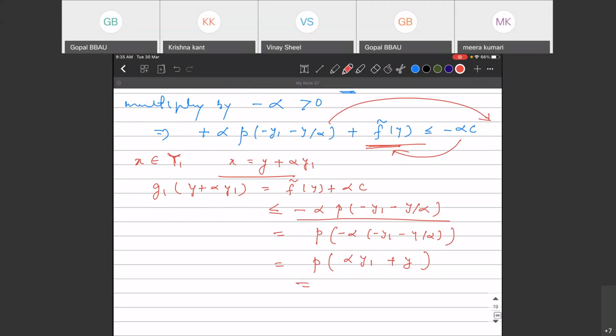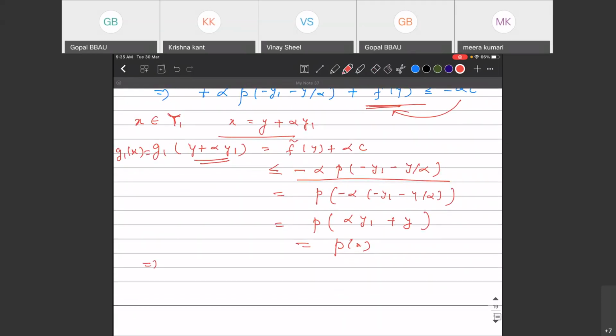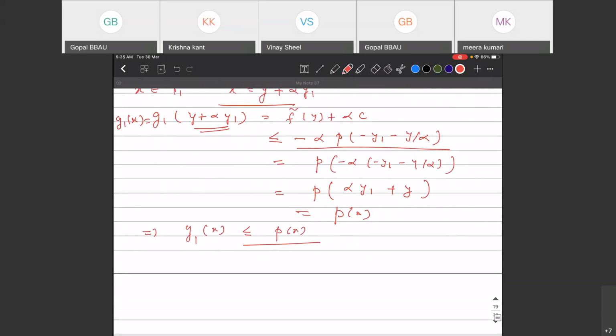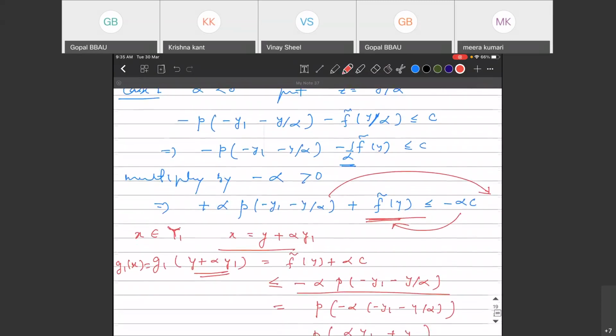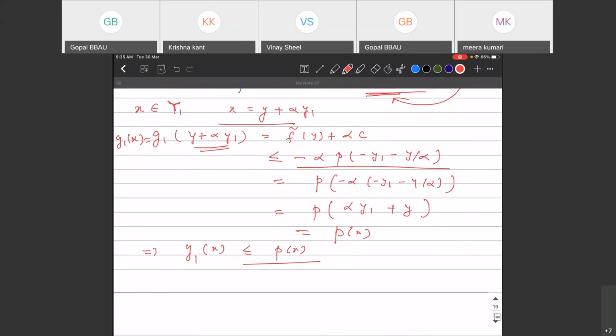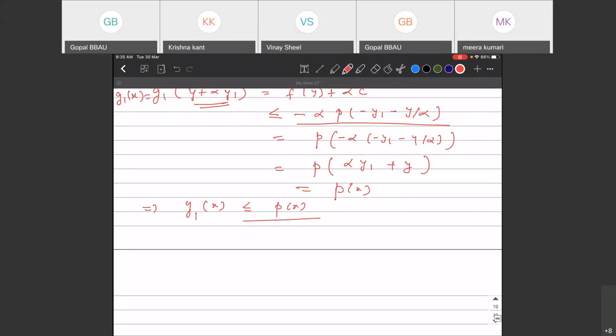And this is nothing but, say, x1. So this is g1 x. This is p x. So from here, what we have seen, g1 x is less than or equal to p x. So this part is done. When alpha is less than 0, g1 belongs to p. When alpha equals 0, there is nothing to prove. So it's easy.